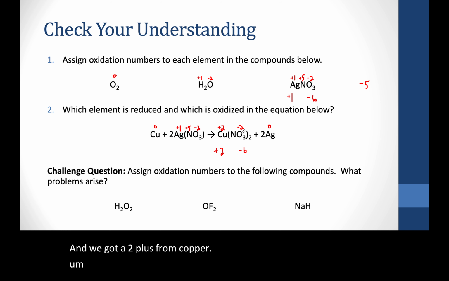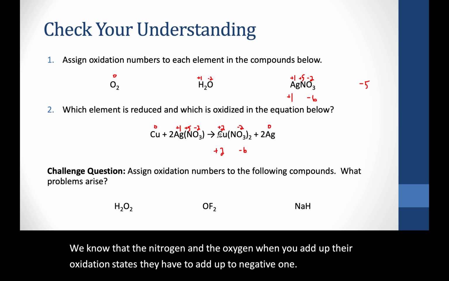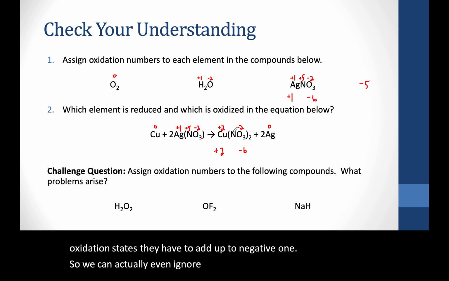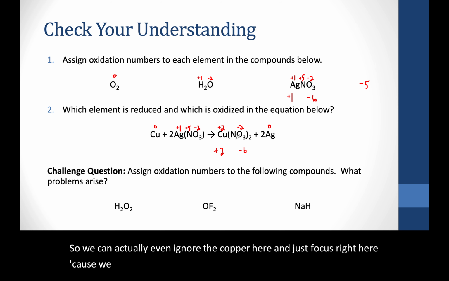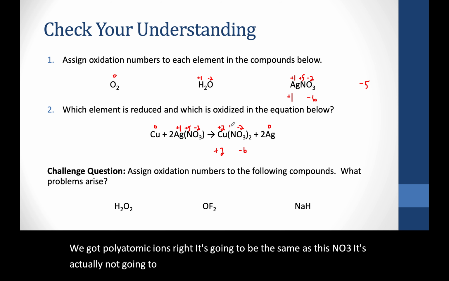Oh, another easier way to do this too. I want to mention, since we know NO3 polyatomic ion has a -1 charge, we know that the nitrogen and the oxygens, when you add up their oxidation states, have to add up to -1. So we can actually even ignore the copper here and just focus right here, because when you have polyatomic ions, it's going to be the same as this NO3. It's actually not going to change. So this is also +5.